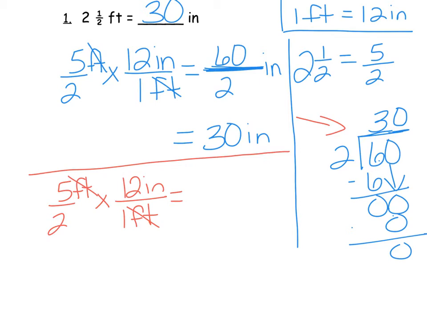I can divide by 2, and that gets 1. And then divide by 2, and that gets me a 6. So 5 times 6 is 30. 1 times 1 is 1, which is still equal to 30 inches. So both ways work. However, I'm more apt to do what is in red because it's fewer steps. But whatever works for you. Make sure you showed all your work. That includes both ways.